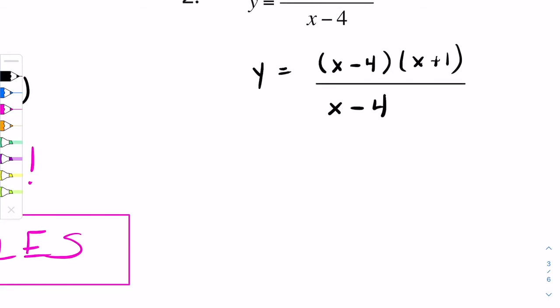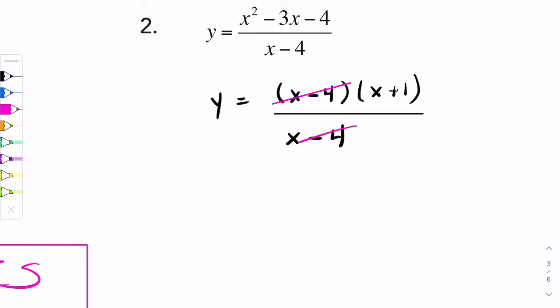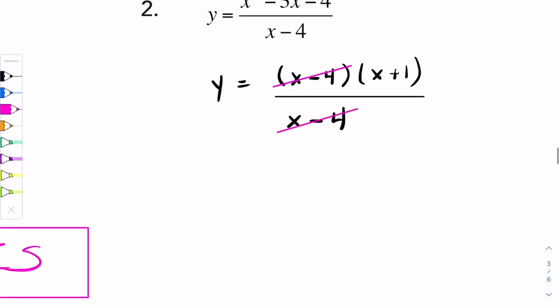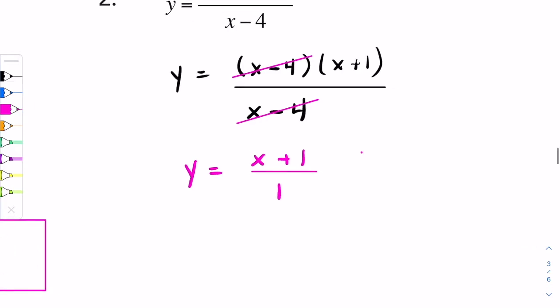So now I'm going to indicate that my common factor of x minus 4 cancels, but then I'm also going to write my simplified function. My simplified function is x plus 1 in the numerator divided by 1, and it's divided by 1 because we divided out the common factor. Next to this, I'm just going to put in parentheses that this is my simplified function.